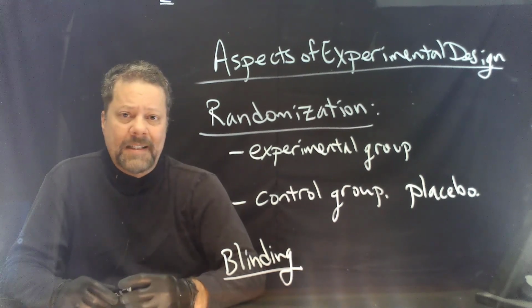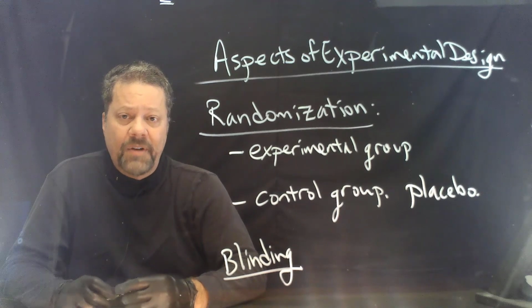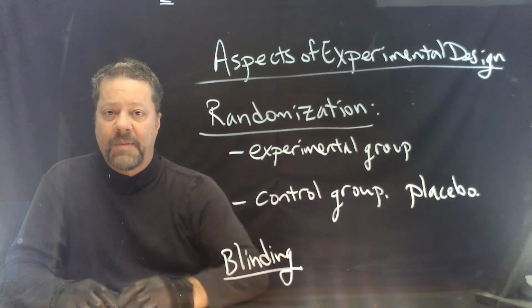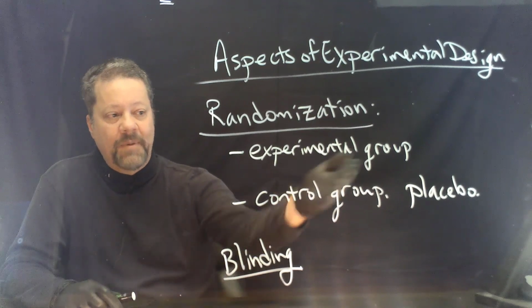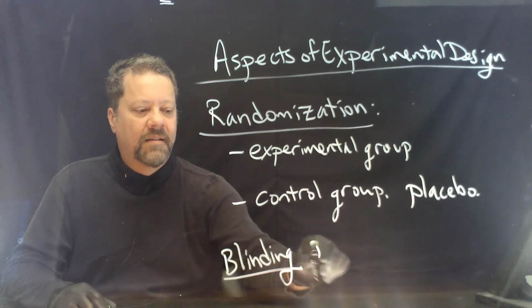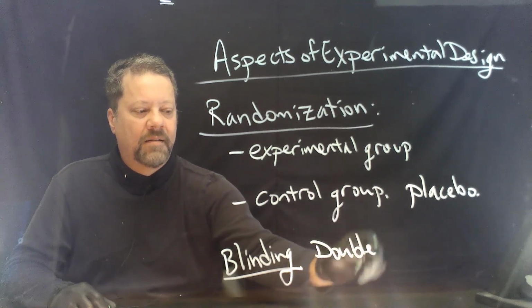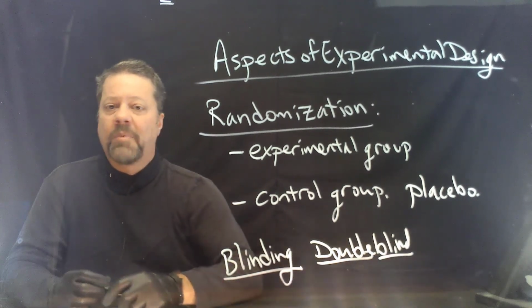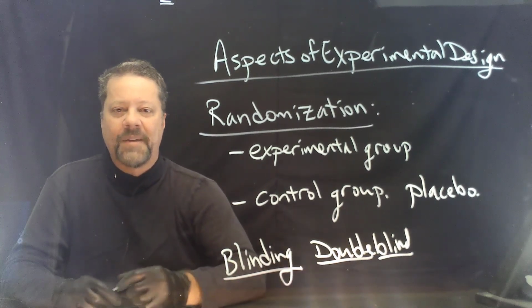So in a double-blind study, the giver and the receiver don't know whether the receiver is in the experimental group or in the control group. So there's the double-blind nature of certain experiments.